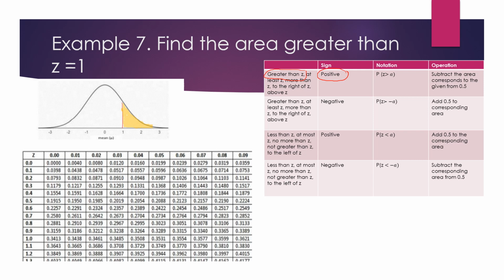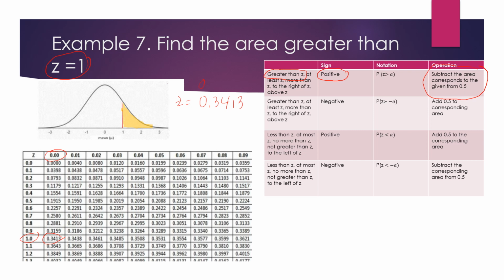Since it is positive, the operation says to subtract the area corresponding to the given from 0.5. So we will subtract. Let us first find the area of 1. And 1 is 1.0 and 0.00, and that is 0.3413. It says to subtract the area from 0.5.